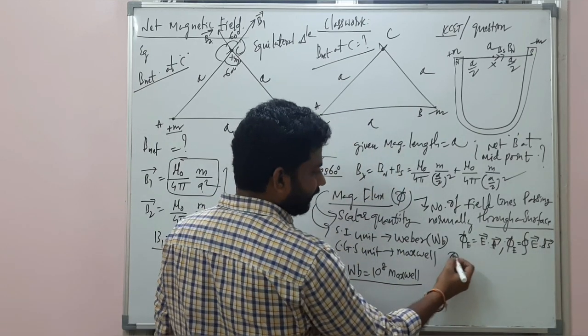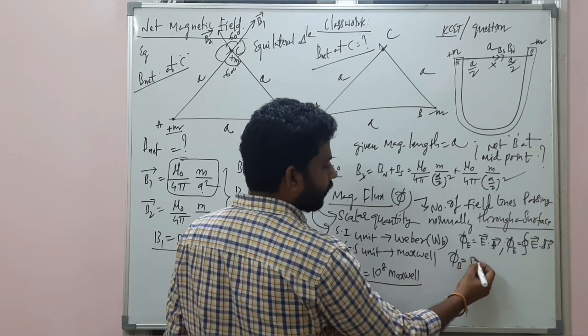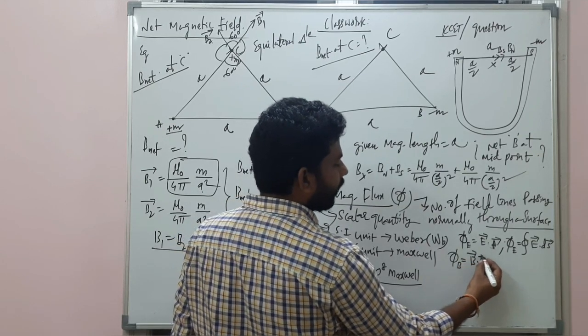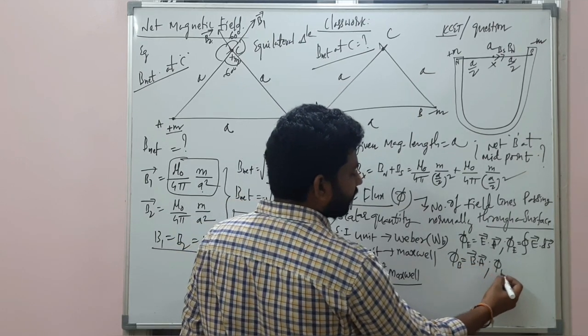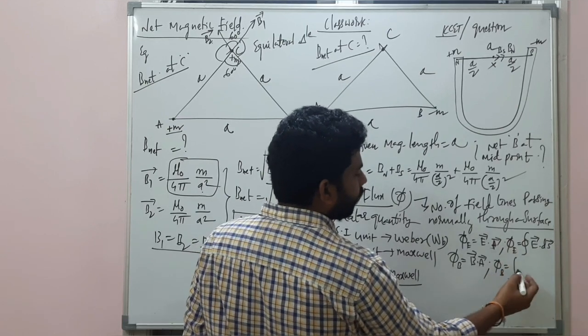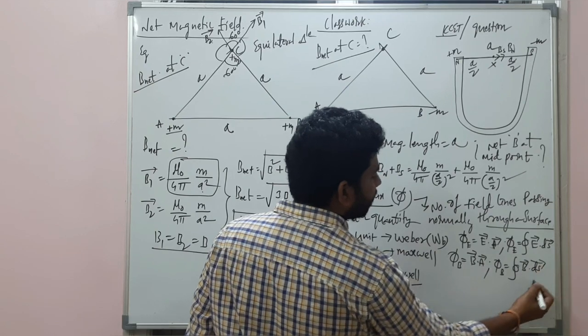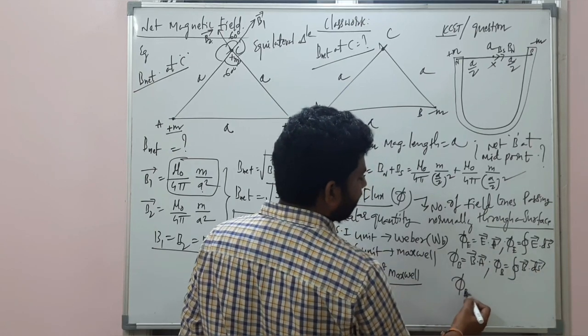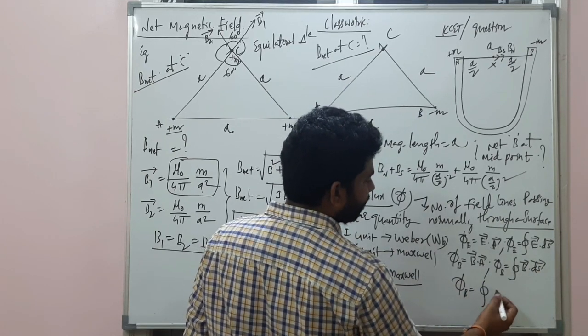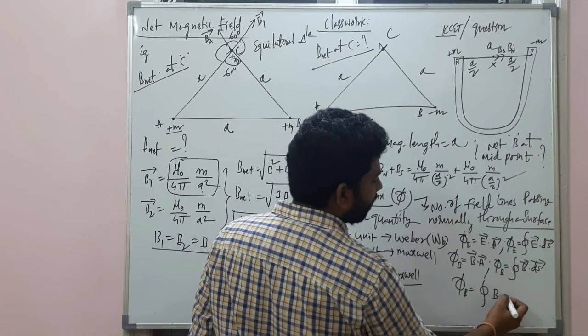Same way, magnetic flux will be B bar dot A bar. Magnetic flux can be written as the closed integral of B bar dot ds bar.